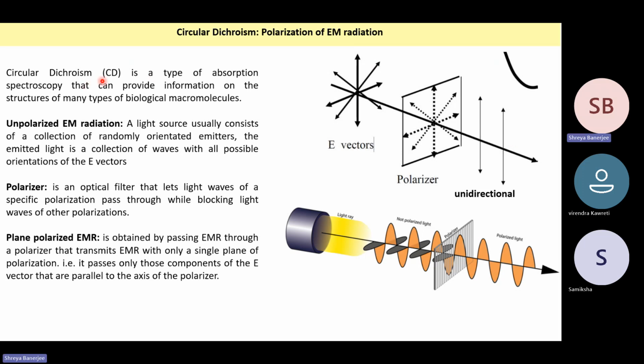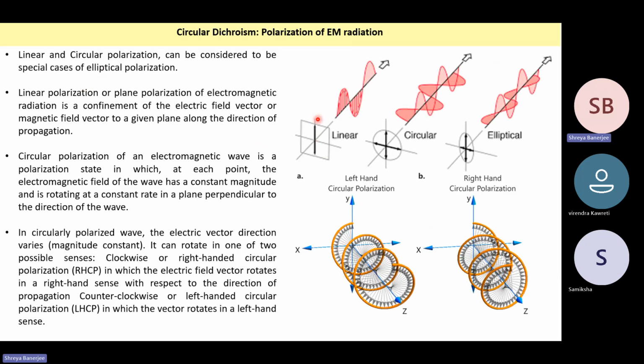You can see the first example is linear polarized light, where you are only allowing light in this plane to pass through. In circular polarization, light in two perpendicular planes is allowed to pass through. One is this plane, another is the plane perpendicular to it. These two lights interact and combine with each other to give circularly polarized light.